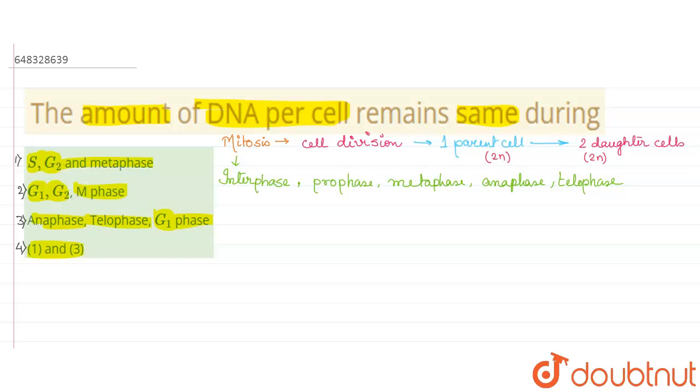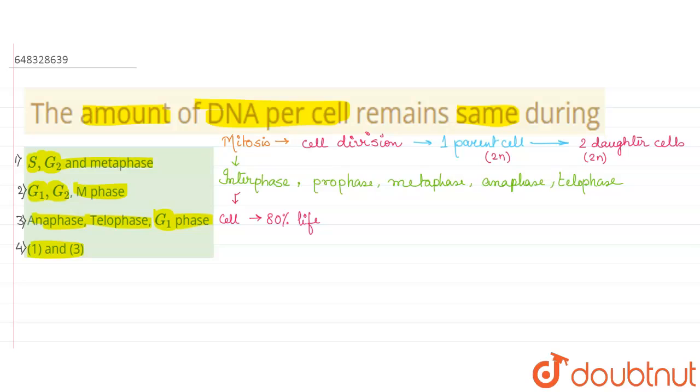Now this interphase is itself divided into many parts, and the cell spends almost 80% of the lifespan in it. In this interphase stage there is a process of doubling, but no division takes place.